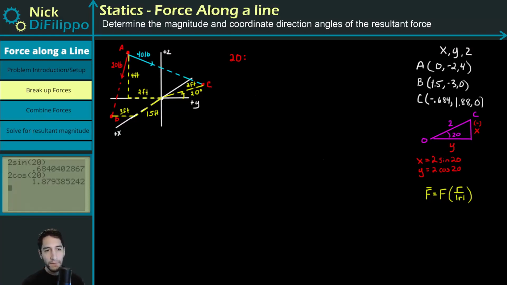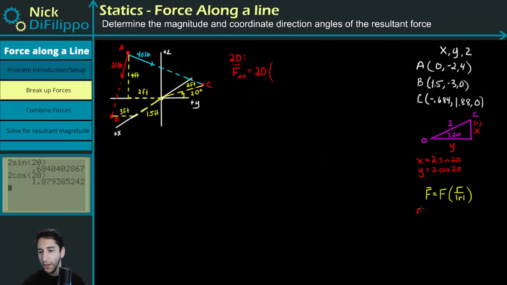So with this 20-pound force, it's going to be equal to the magnitude, which is 20, times this position vector, which points from A to B.